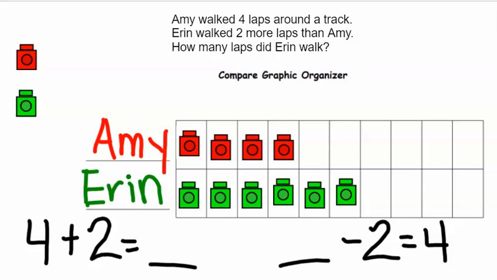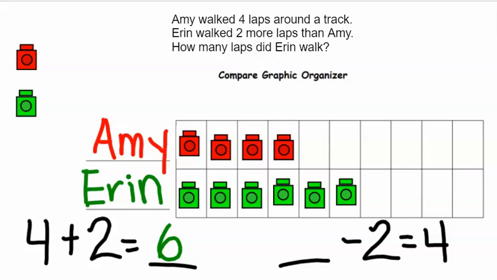So we know the 4 laps that Amy walked plus the 2 more laps that Aaron walked than Amy, that Aaron walked a total of 6 laps.